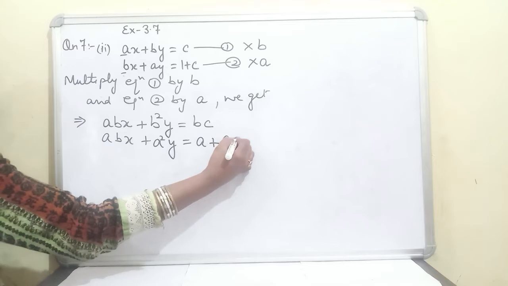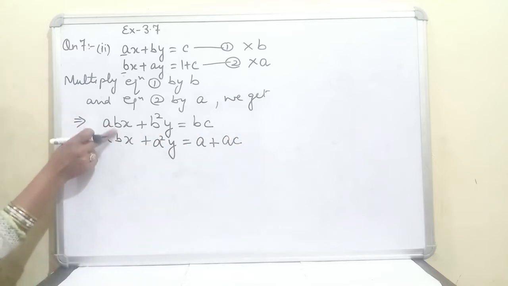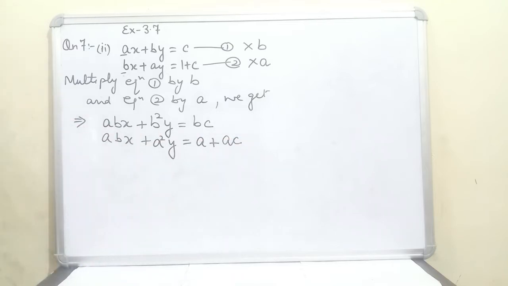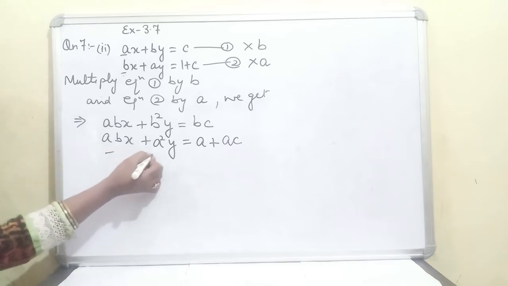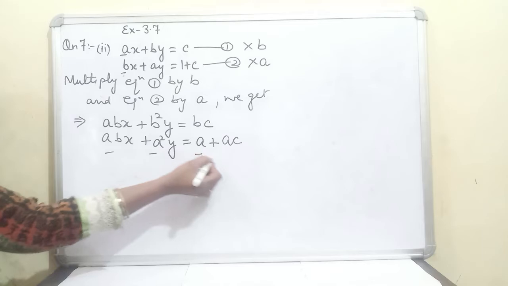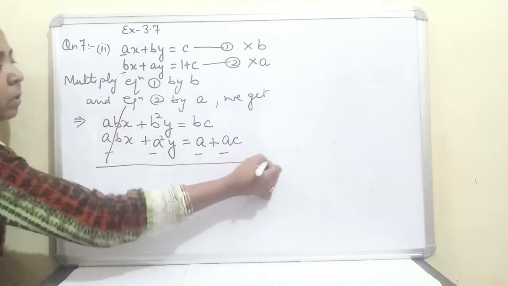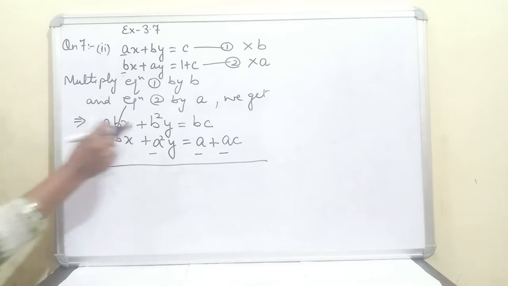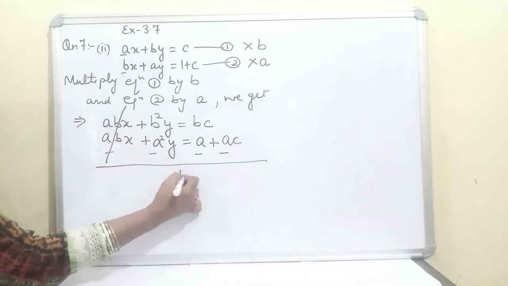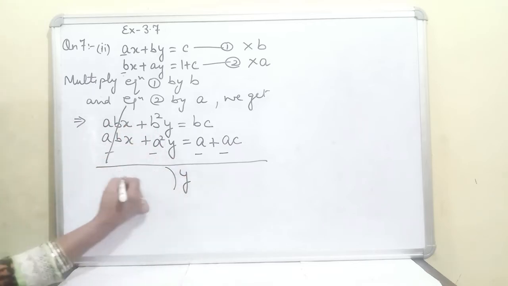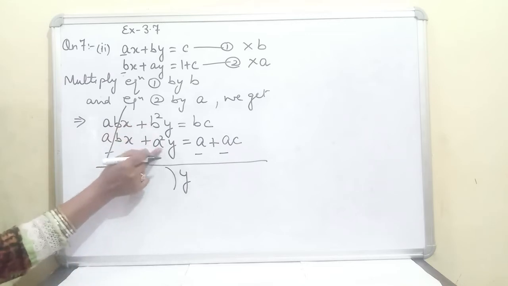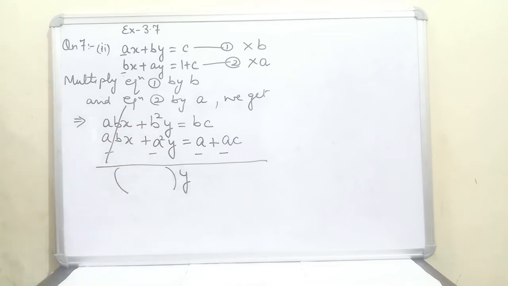Now the coefficients of x are the same here, so we just have to subtract these two equations: minus, minus, minus and minus. This will cancel out, and take y common here. If you take y common, what do you get inside the bracket? a square minus b square.